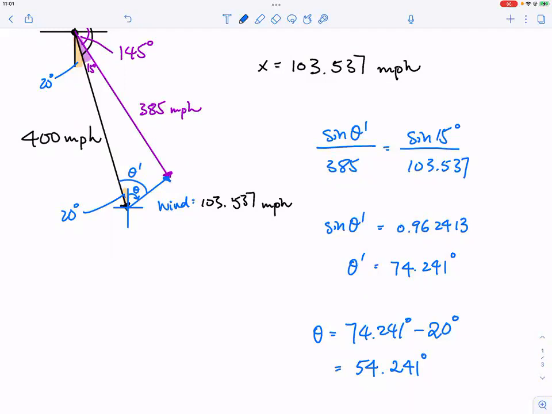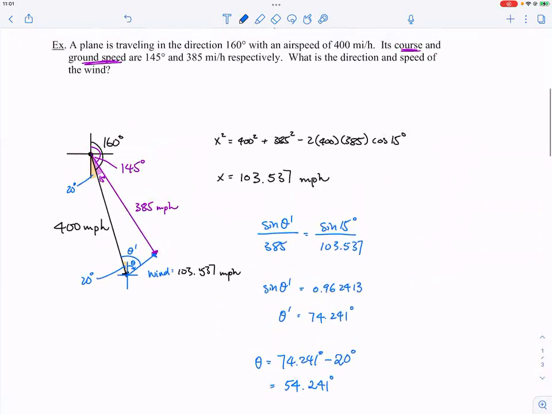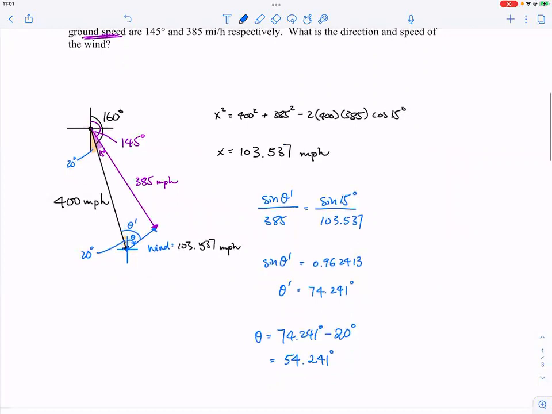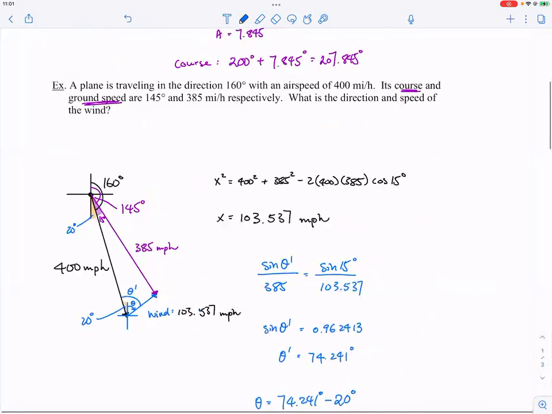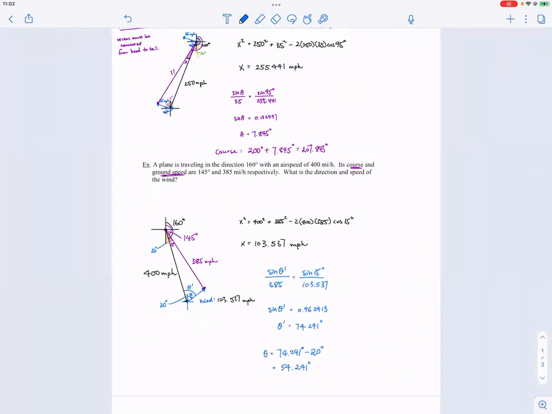Okay, so again, I don't want you to memorize how to find these angles because it's situational. Whether it's adding or subtracting, it's based on the situation. So the key point here, now if you look at these two questions together, I want to emphasize the key points. First, ground speed is your resultant.